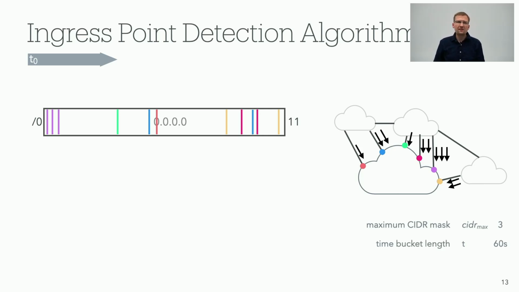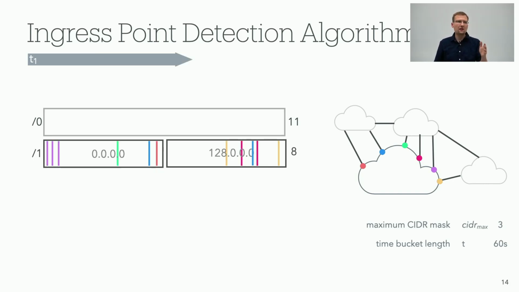In the second stage of the algorithm, that is regularly executed at predefined configurable time intervals, here in our case 60 seconds, we then check first if we have a sufficient amount of samples received, and then if we can find a dominant ingress point. In our case here, we have now received enough samples, but we see a wild mix of colors here. So obviously there is no dominant ingress point. So that means we further split the prefix into two /1s as we see here on the slide.